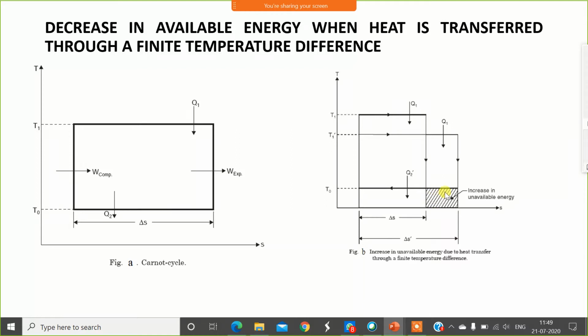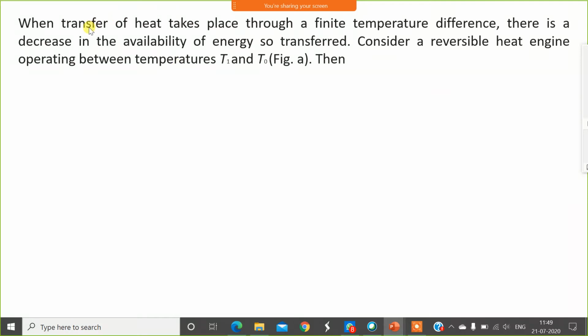And this part of energy is rejected and is called an increase in unavailable energy, or we can say decrease of available energy. When heat transfer takes place through a finite temperature difference, there is a decrease in available energy.